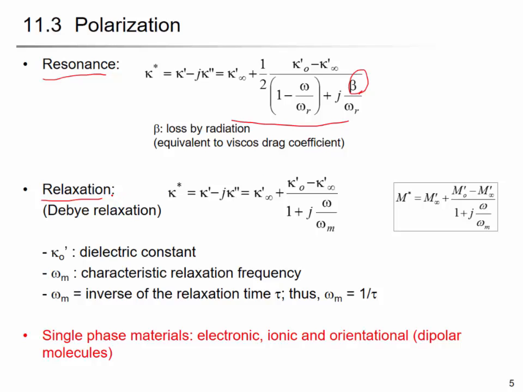In the relaxation type of behavior, we use the Debye relaxation equation, and that's this one. And I think you are familiar with this equation because the shape is the same as the stiffness model here. So this is for the stiffness.